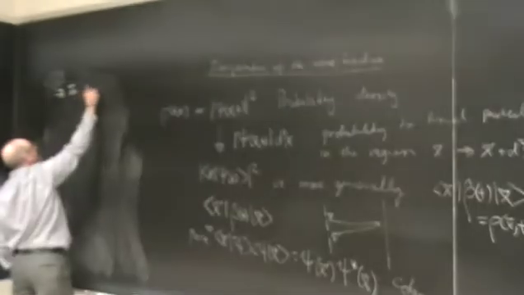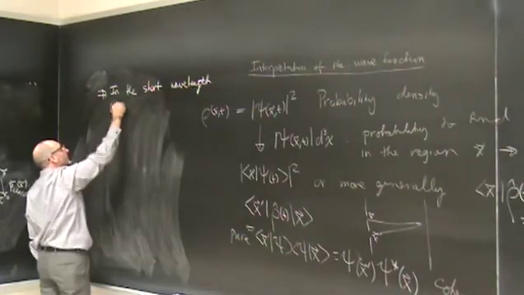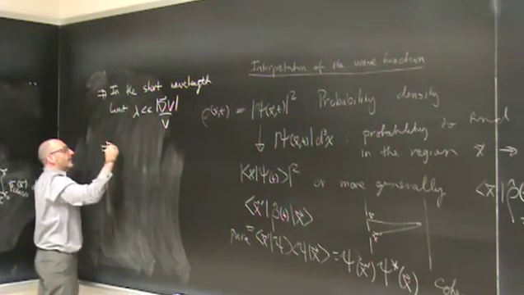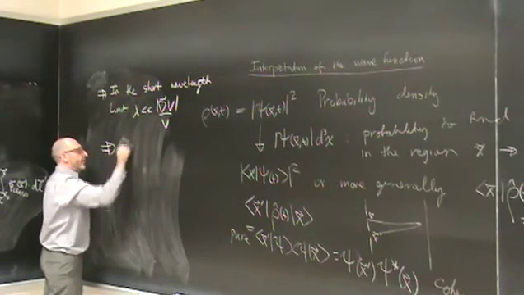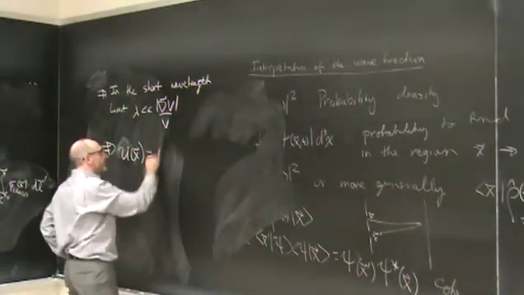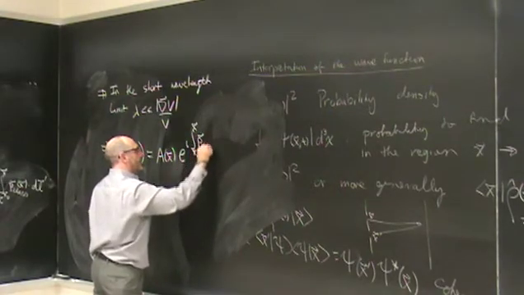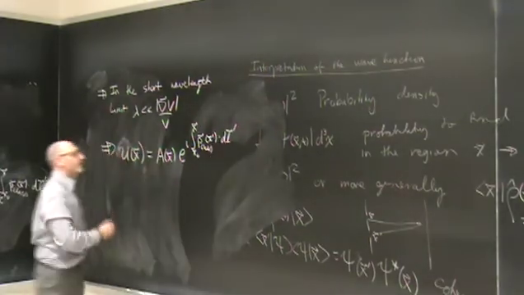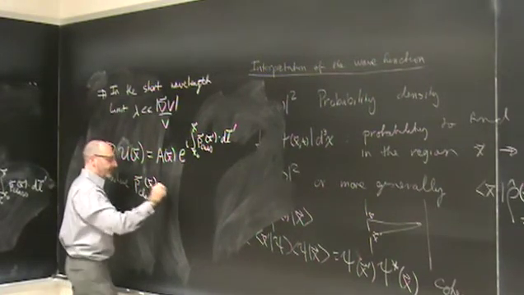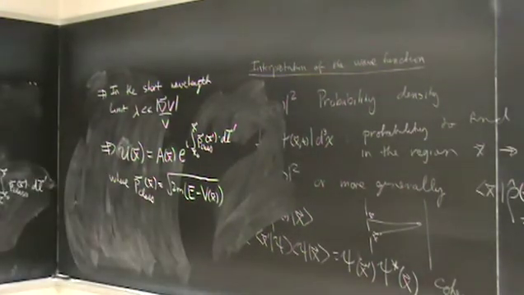In the short wavelength limit, the stationary state wave function, as a function of position, is some amplitude, which we still have to calculate, times e to the i times the integral of the classical momentum over h-bar, where the classical value of the momentum at the position is the square root of 2m times E minus V. Just like we wrote down over here.